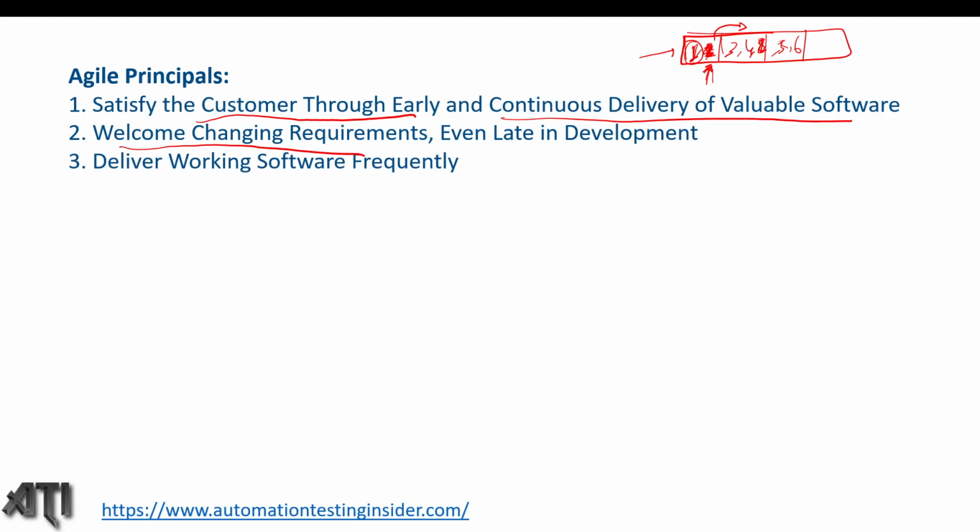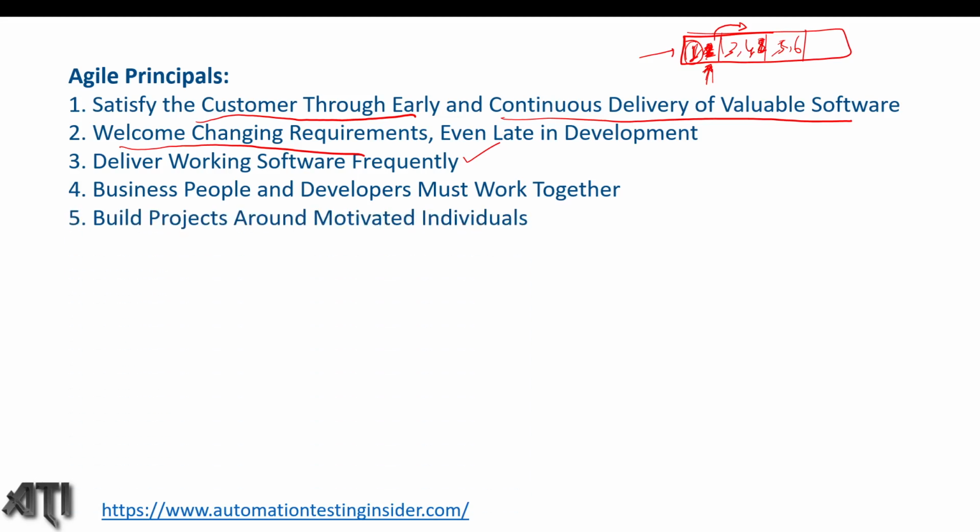Deliver working software frequently, this is important, right? Business people and developers must work together, so we should always work in an agile environment. Developers, business people, business analysts, testers, all should work together.